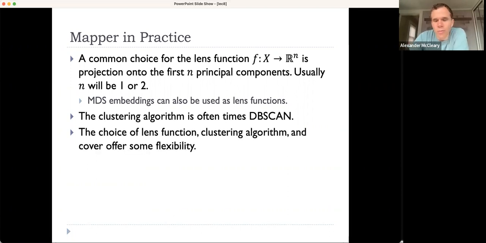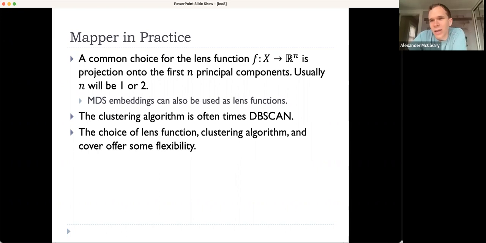And so, there's sort of a trade-off with having parameters, right? We have all of these parameters here, and that gives us a lot of flexibility. There's a lot of room to fine-tune this algorithm.